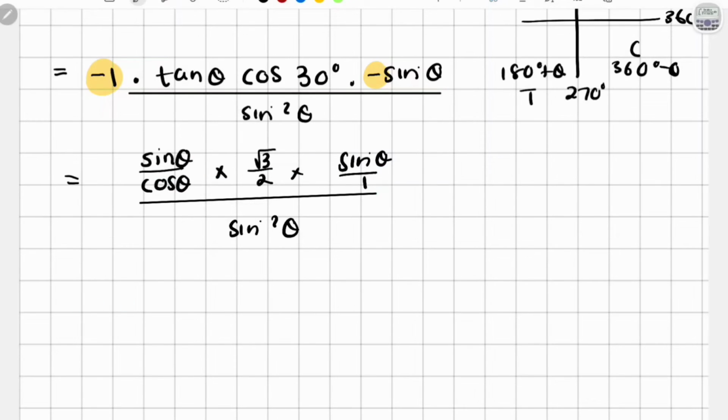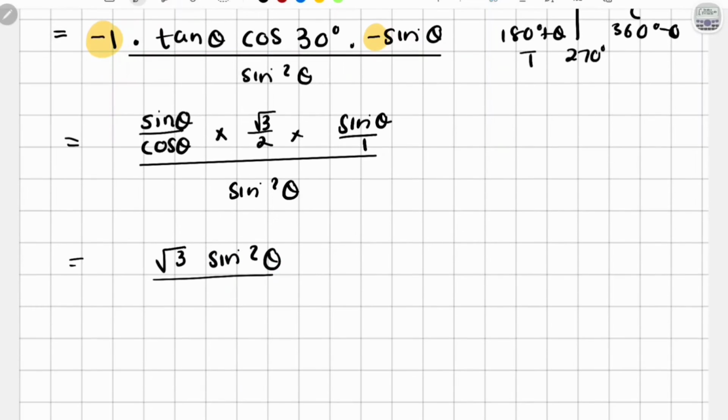And let's multiply through. Here we're going to have sine times sine, which gives you sine squared theta, and we have root 3. So root 3 sine squared of theta over, and on the denominator here, we have cos theta times 2 times 1, which gives us 2 cos of theta. Then divided by sine squared of theta.